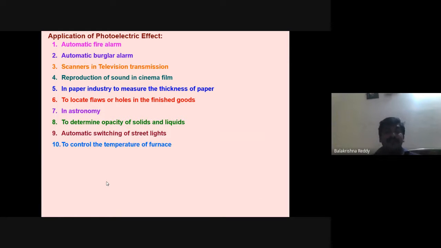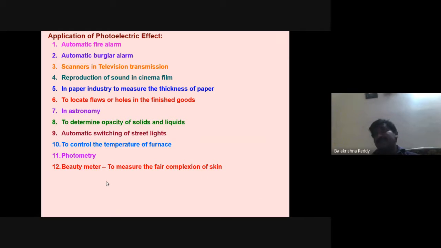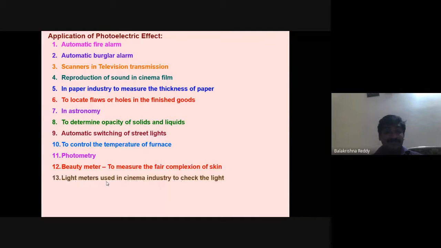Automatic controlling systems are used to control temperature and fans. Photometry and photography have advanced so much, with new mobiles and cameras, and holograms have come. There are beauty meters to measure the fair complexion of skin. Mobiles now show your age by looking at your face through the camera, and beauty meters are similar.